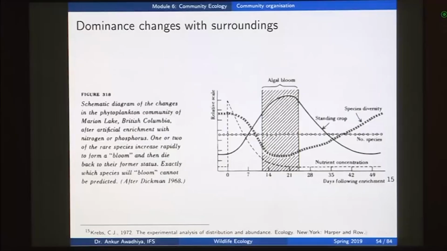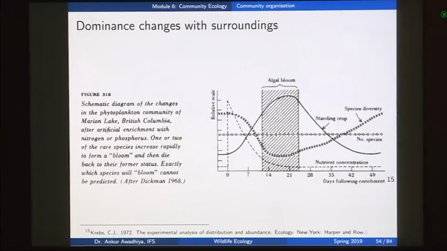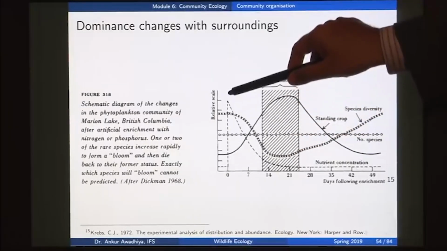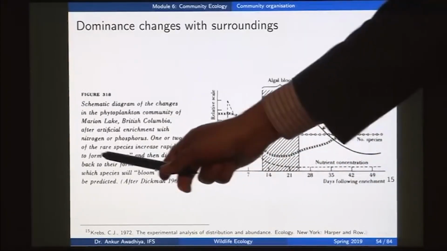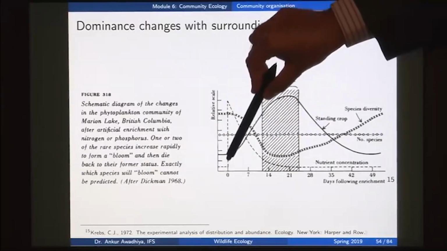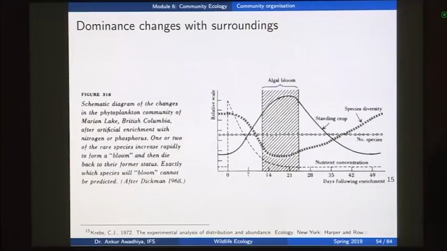Now, in this particular experiment, the scientists tried to artificially do eutrophication in a controlled manner. So, here on the x axis we have the days following the enrichment. So, on this day 0 you added the nutrients. Which nutrients were added? Nitrogen or phosphorus. So, here you have the nutrient that was added, and this dashed line is showing you the nutrient concentration that is there in the water.